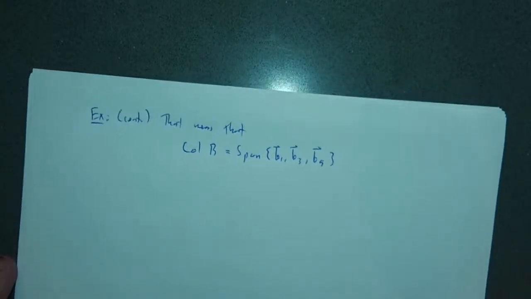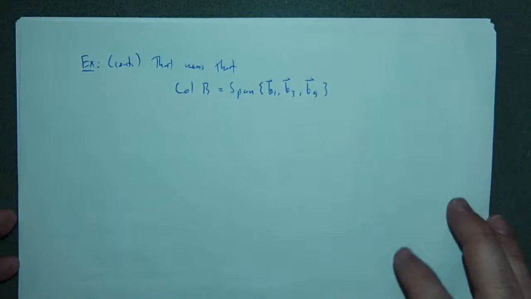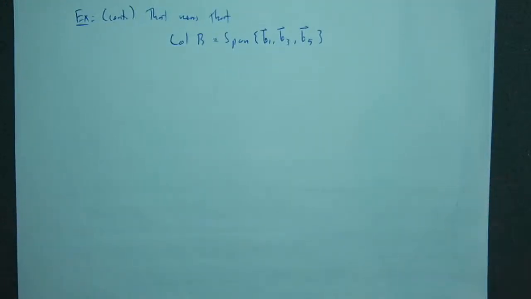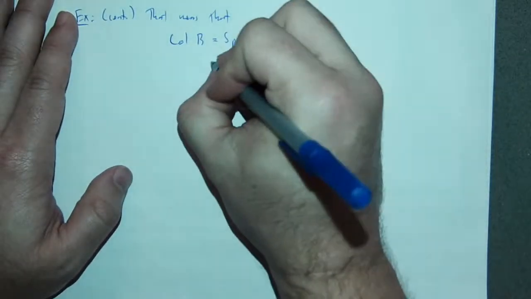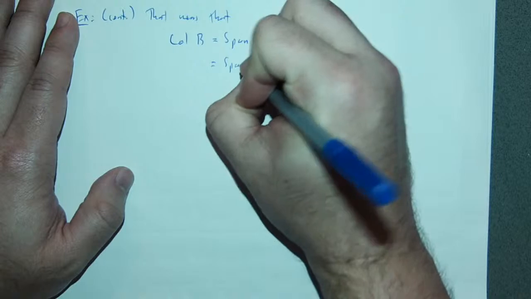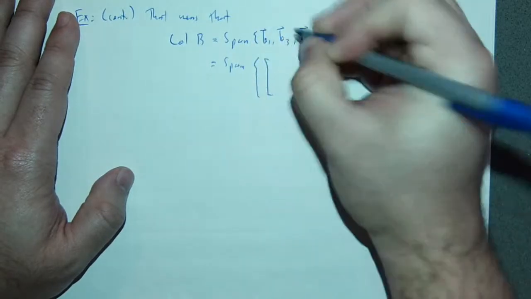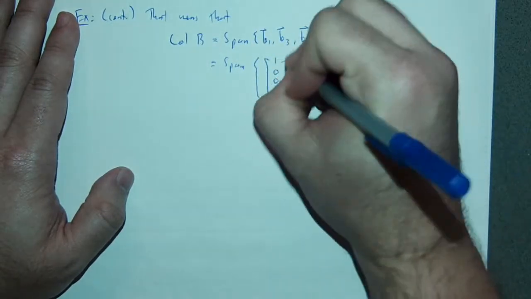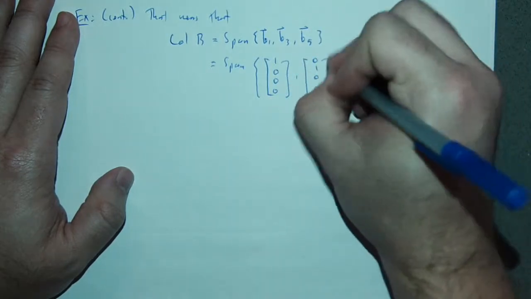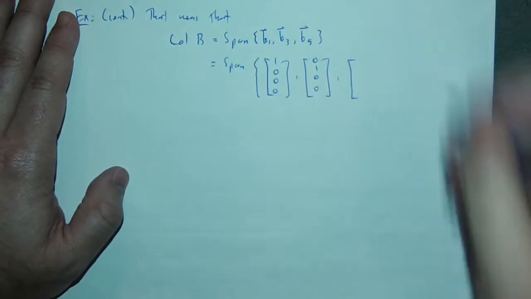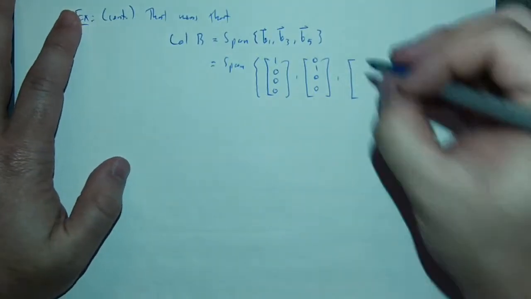How can I say that that set of vectors is linearly independent? Well, because of how the entries in those vectors work, I can clearly see that no vector in that set is a scalar multiple, or is a linear combination of those that precede it. So that's it. So what is this? This is the span of 1, 0, 0, 0, 0, 1, 0, 0, and 0, 0, 1, 0.